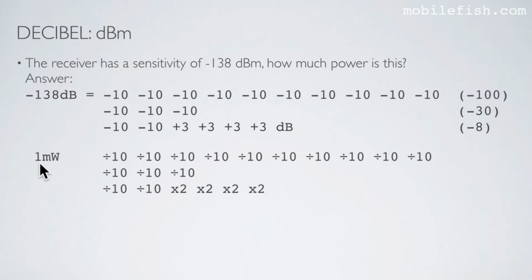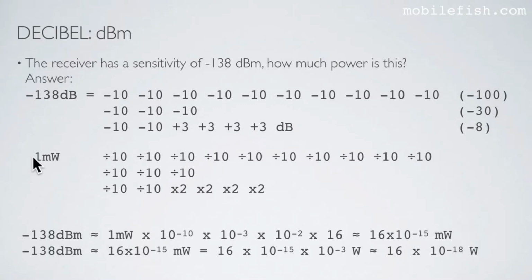Again, we start with 1 milliwatt. So minus 10 means divided by 10, and plus 3 means multiply by 2. So we start with 1 milliwatt, as you can see over here. 1, 2, 3, 4, 5, 6, 7, 8, 9, 10. 10 to the power of minus 10. 1, 2, 3.